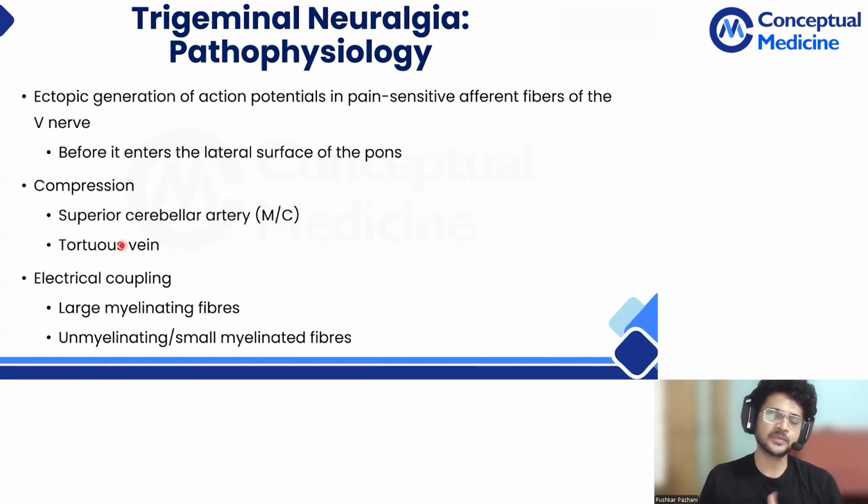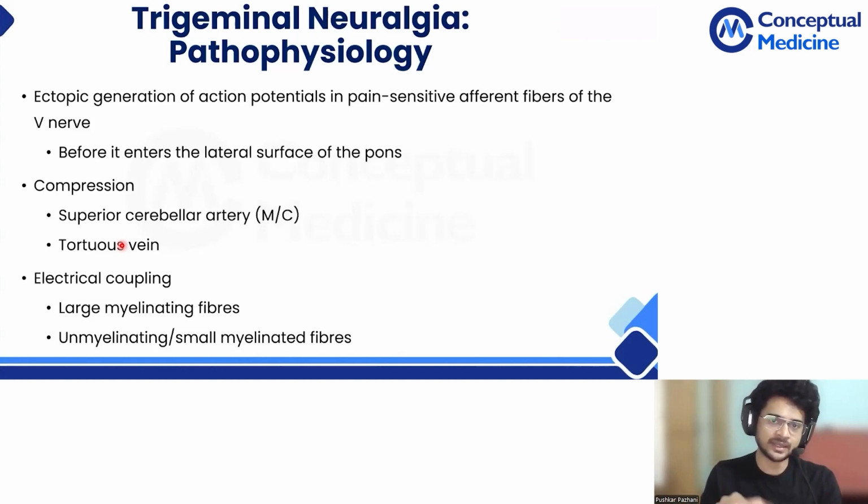So we have two types of fibers, not only in the trigeminal nerve, but everywhere else. You have the small myelinated or unmyelinated fibers which carry pain, and you have the large myelinated fibers which carry touch and proprioception. Here, because of some sort of compression or neurovascular compromise, the large fibers which carry touch and the small fibers which carry pain get electrically coupled together.